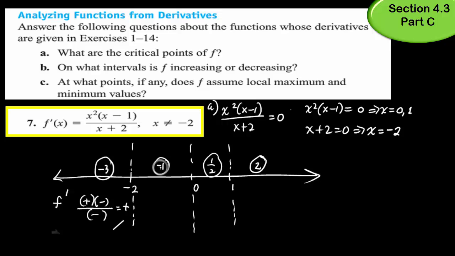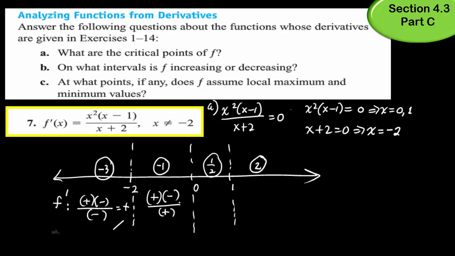What about if we test x equal to -1? Plug it in the derivative, check the sign. So the sign of the first derivative is positive because it's squared: -1 squared makes it positive. Multiplied by -1 minus 1, which is negative, and then -1 plus 2 is positive.